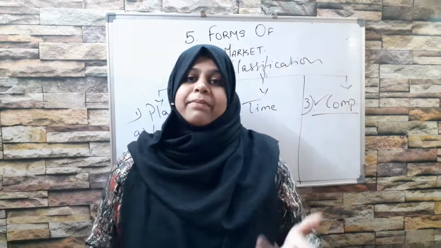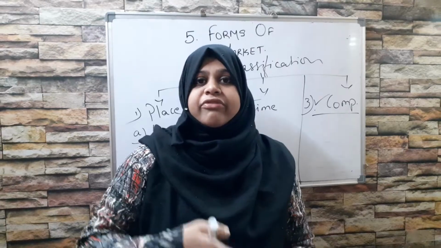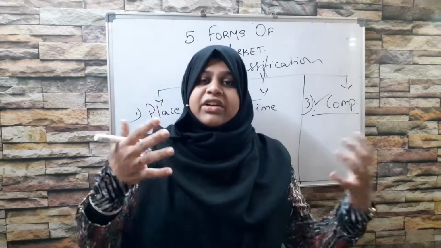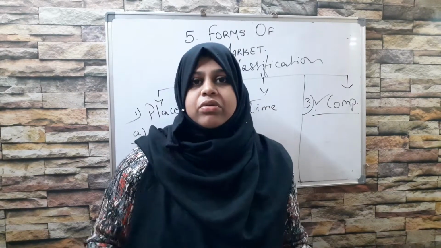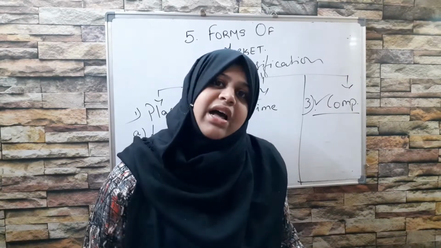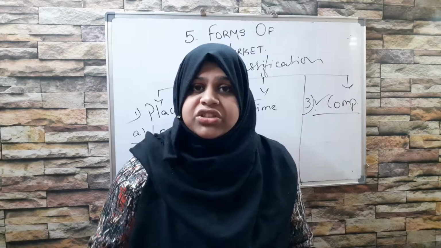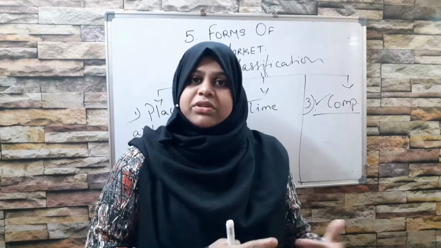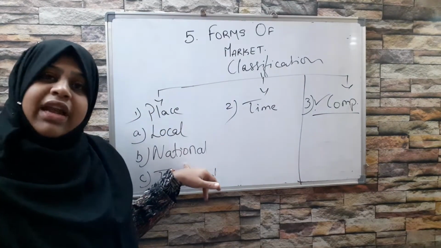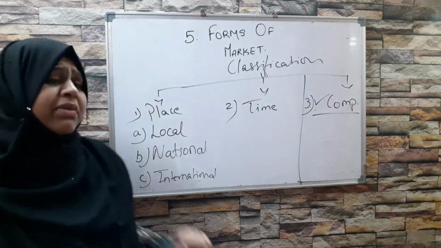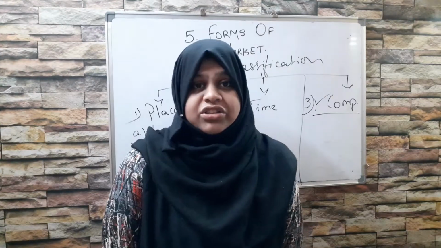A best example I can give you is tea from Assam. Alright, the tea that is produced and harvested in the state of Assam is supplied and sold all over the nation, all over India. So that particular market becomes a national market. Coming to the last one, international.